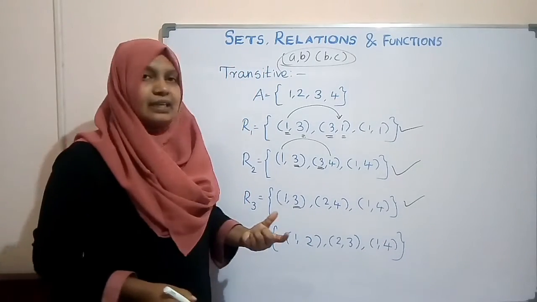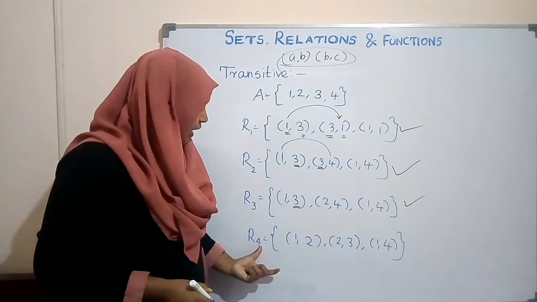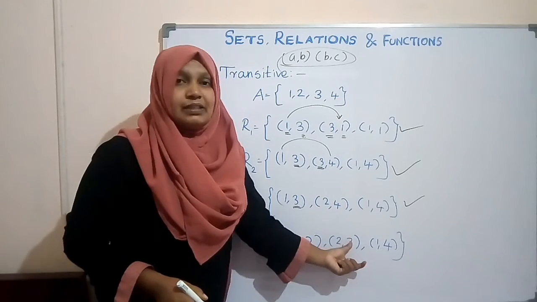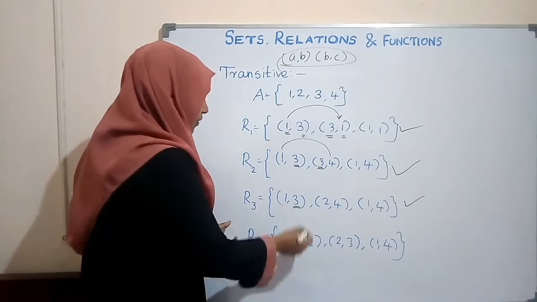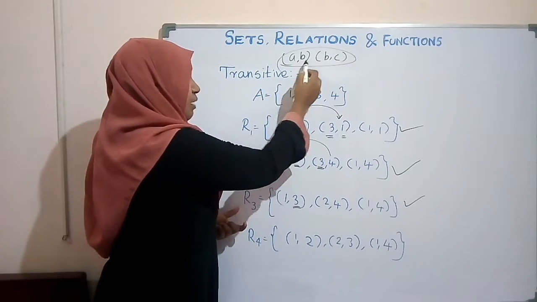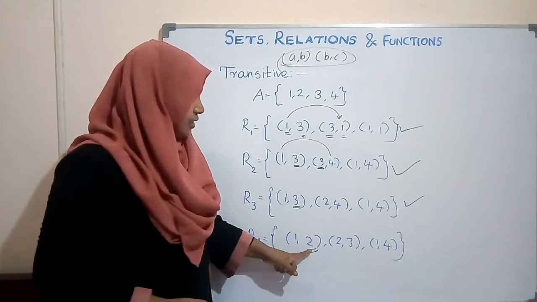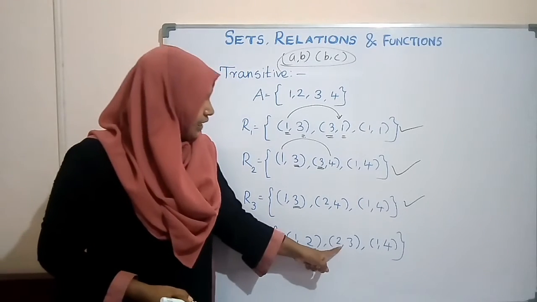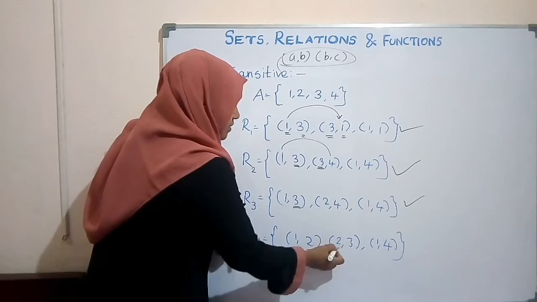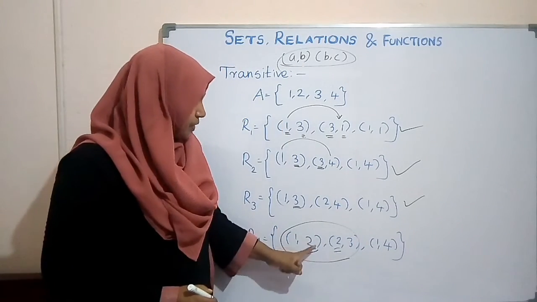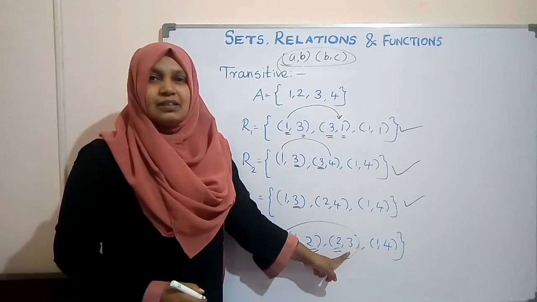Then finally here in R4 we have (1, 2) and again (2, 3). See, we have elements like (A, B) and (B, C), because the first element is ending with 2 and again there is one starting with 2. Yes, we have elements like this. Then compulsorily we need (1, 3).